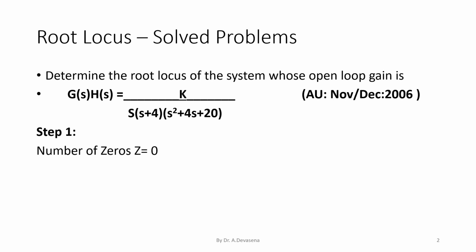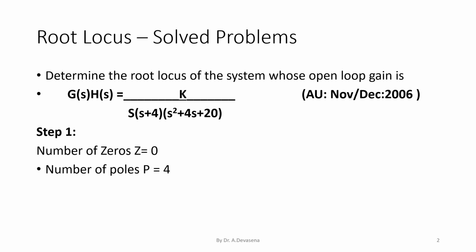Step 1. First we have to identify the number of poles and zeros. In this problem, there are no zeros. Therefore, the number of zeros Z is equal to 0. Now we are going to identify the number of poles. In the denominator, we have s into (s plus 4) into (s square plus 4s plus 20).